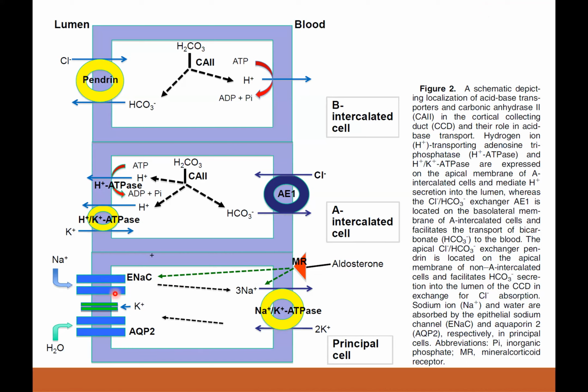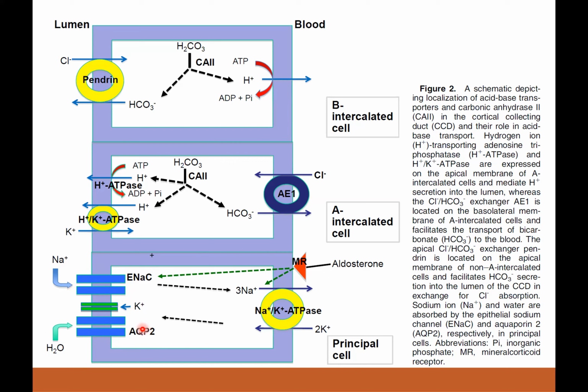And at the same time, the potassium channel also opens, not in exchange actually. When the sodium moves in, to keep the electrical gradient, the potassium moves out. Along with the sodium, aquaporin channel 2 is also opened, and that facilitates the entry of water. So sodium and water reabsorption. So excess aldosterone causes sodium reabsorption, water reabsorption, and a hypervolemic state, edema, and hypernatremia.